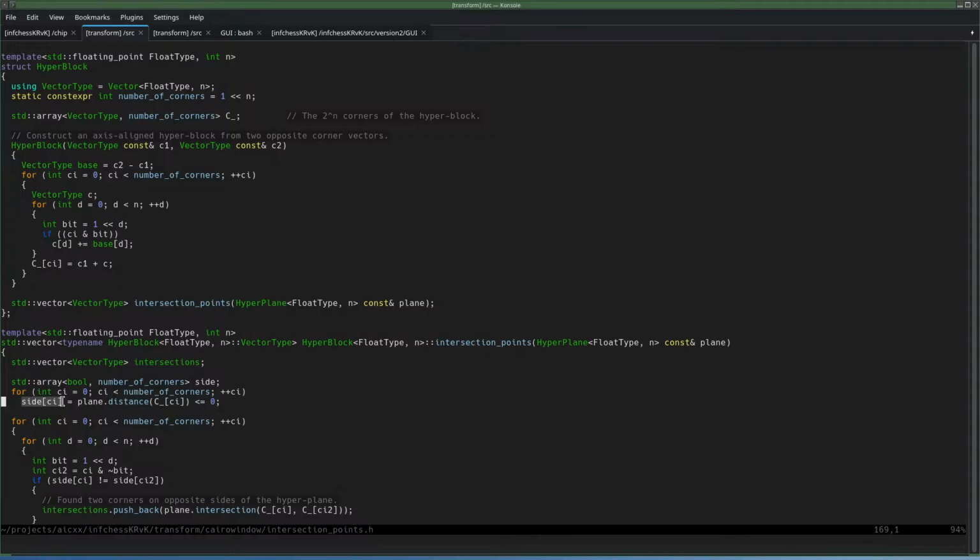And then if the boolean is set to true, if that is negative, then that means that it is set to true for the side that the normal points to.